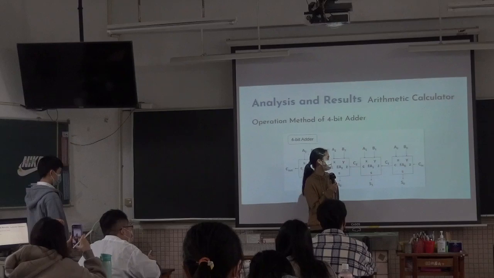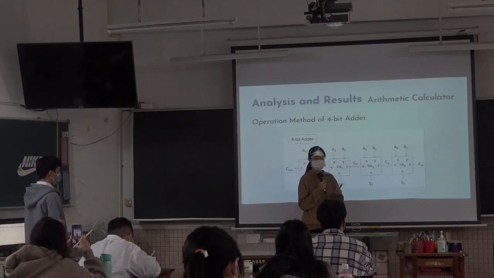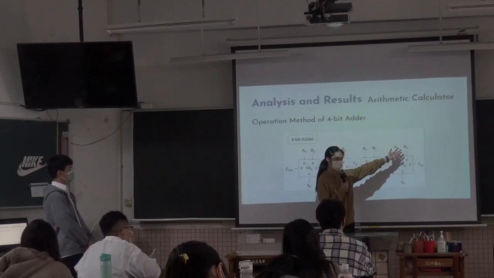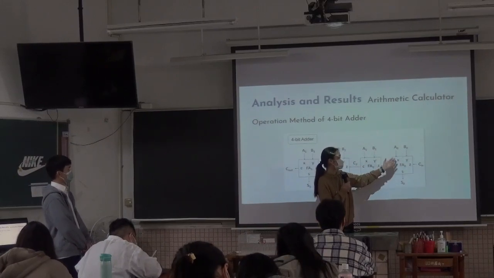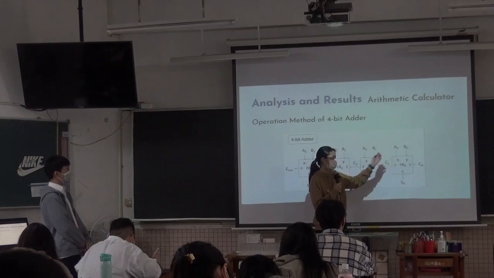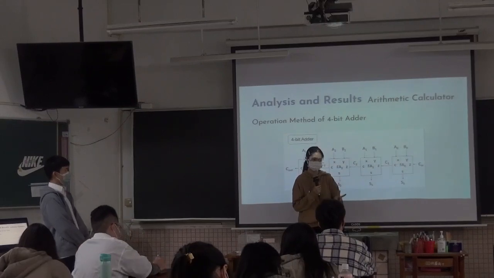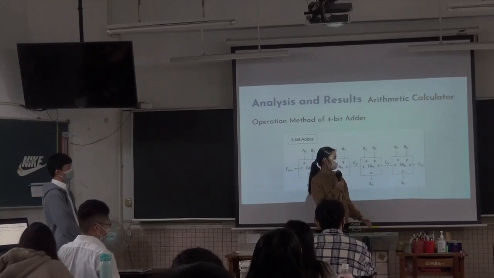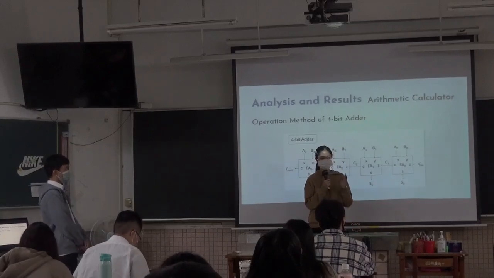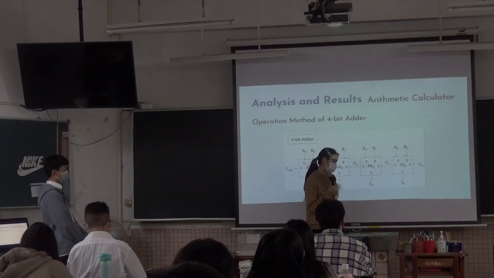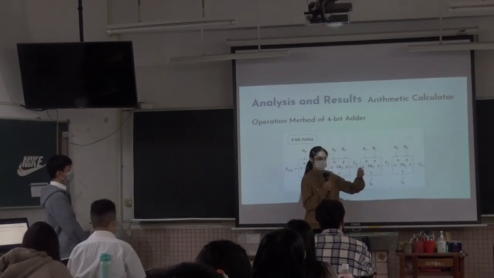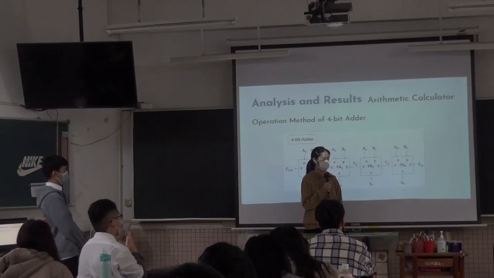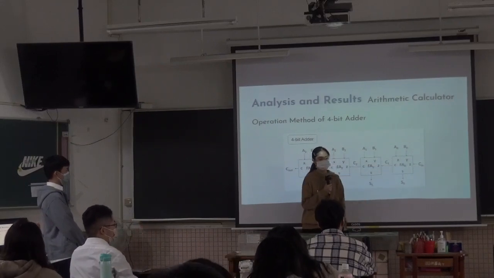First, we input the two last digits to A0 and B0, add them in X and Y, and we will get a new 2-digit number. Then we output the new digits, the last digit as S0, and output the second last digit as C1.